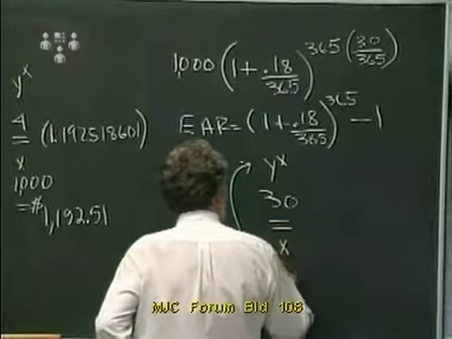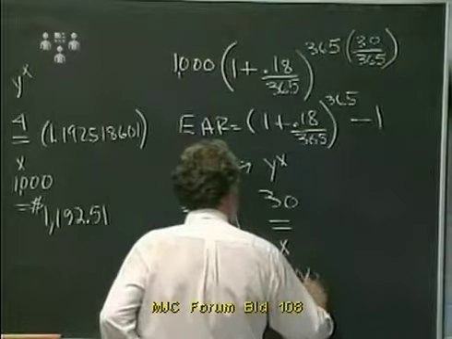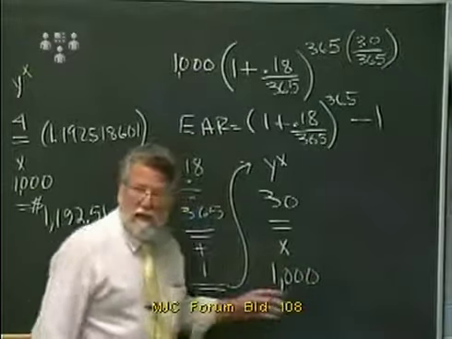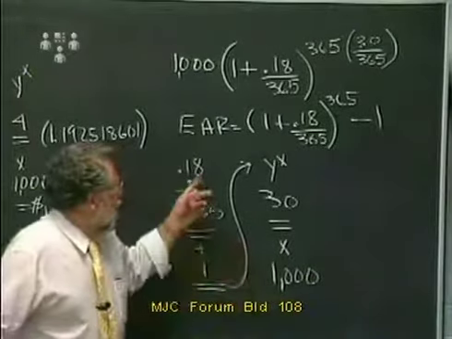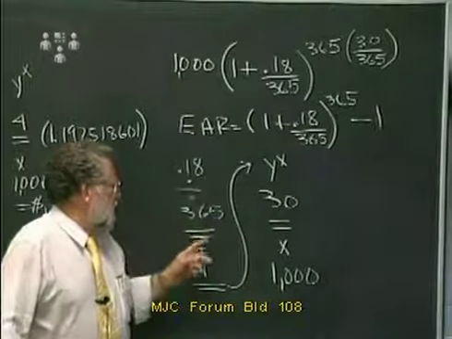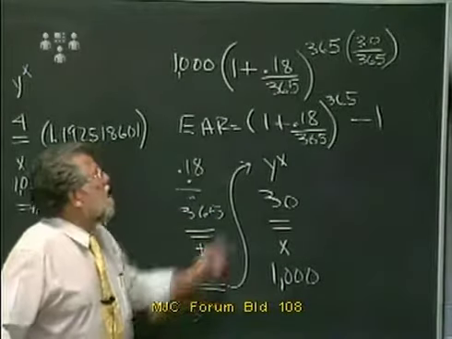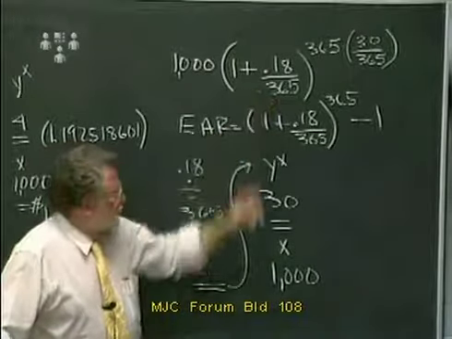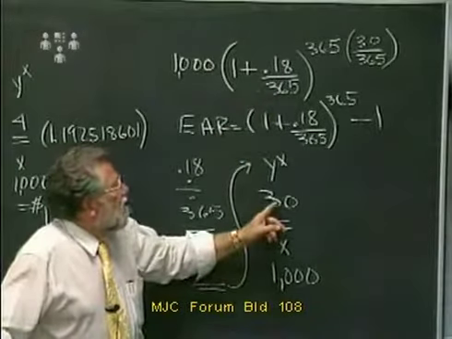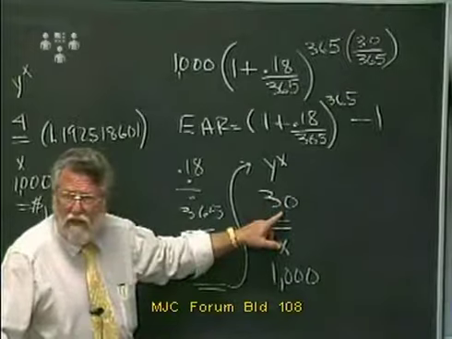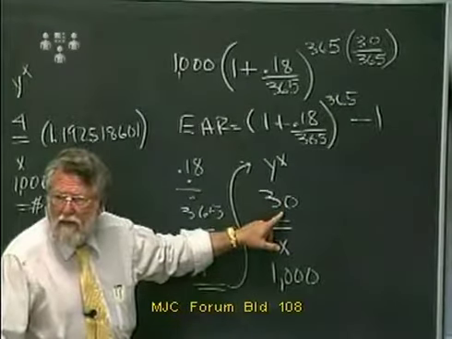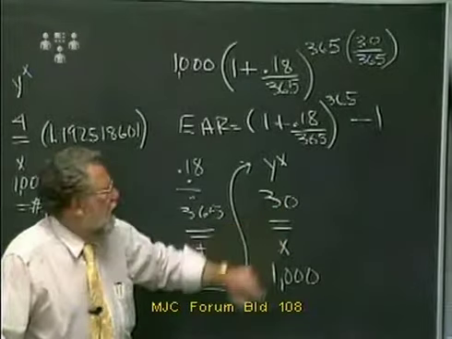And then we're going to multiply that by our 1,000. Okay, are we ready? Can you do that for me? 0.18 divided by 365 equals, add the 1 equals. That's that mess in the parentheses. Then the 365 times 30 over 365 is just 30. You're compounding 30 times for a 30-day month.